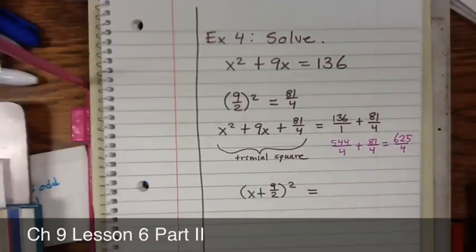Does everyone see that? Does anyone remember 625 being a perfect square? Put it in your calculator and try it out and see. Try 625 as a perfect square.